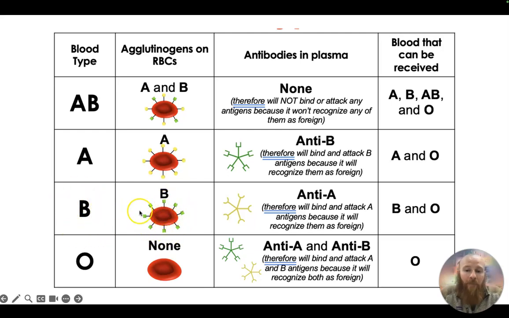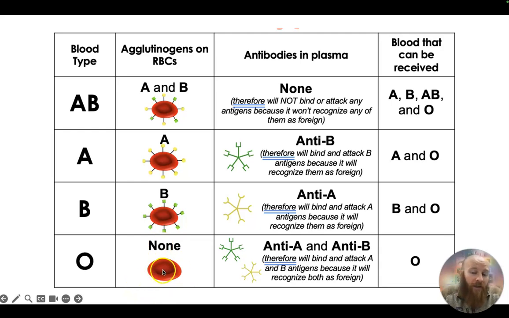At this point, B antigens are on the surface of your red blood cells. That is what's recognized as familiar. And then we're going to create anti-A antibodies, which would attack any A antigens that are in the blood. They recognize them as foreign. And then finally, the last blood type is type O. This is where you don't actually have A or B antigens on the surface of your red blood cell.